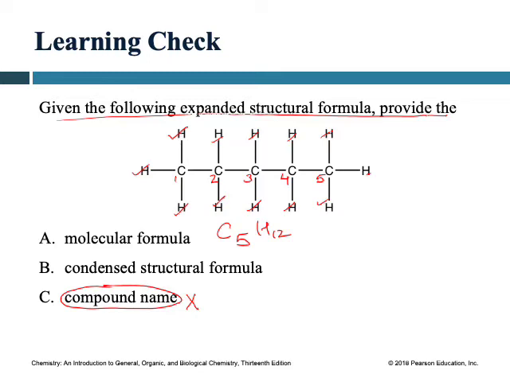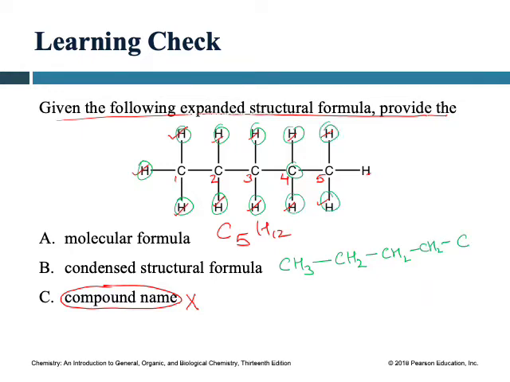On the first carbon, how many hydrogens do we have? 1, 2, 3. CH3. Then on the second you have 2 hydrogens, CH2. On the third you have again 2, CH2. The fourth again 1, 2, CH2. And the last one we have 3, 1, 2, 3, CH3.